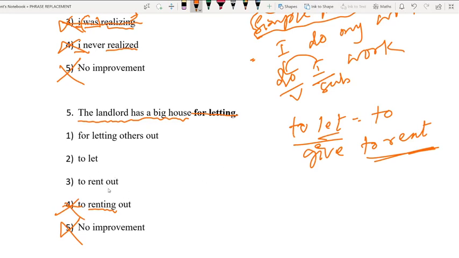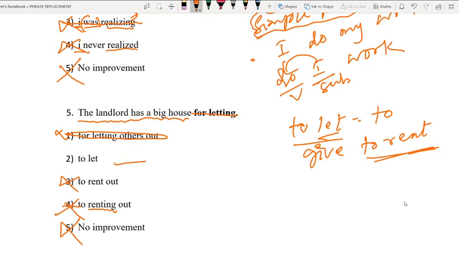This is also grammatically wrong. Either "to rent" or "to let" would be better. Next we have only 2 options. "For letting others out" is grammatically wrong, and logically as well. This is eliminated. And now we have only one option, that is "to let".